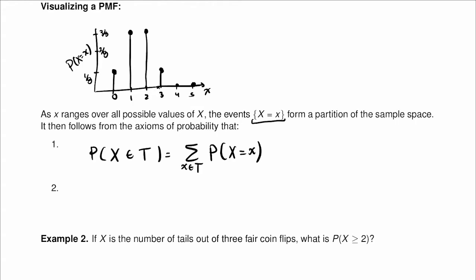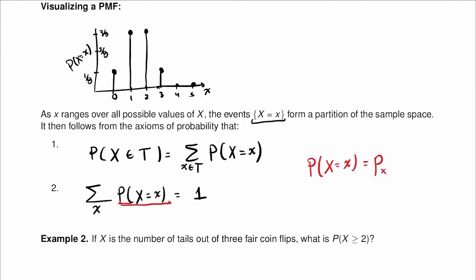And the most important characteristic is that summing the probabilities over all the possible values gives 1. Remember that the notation we are using is that the probability of the random variable taking the value x is the PMF of the random variable X at the particular value x.